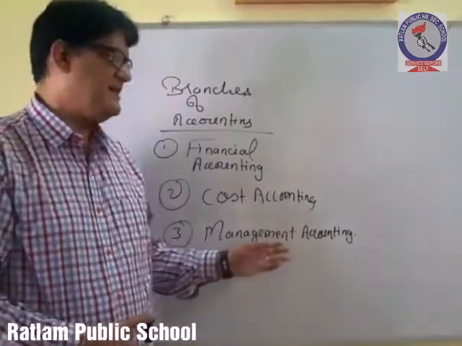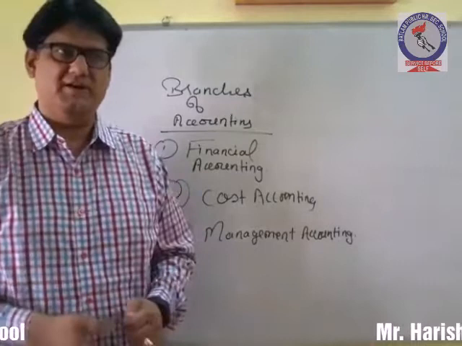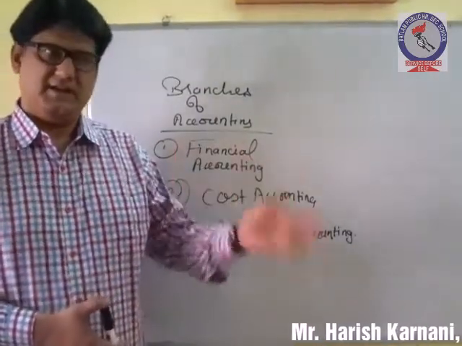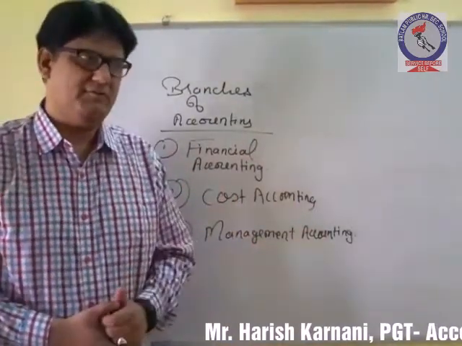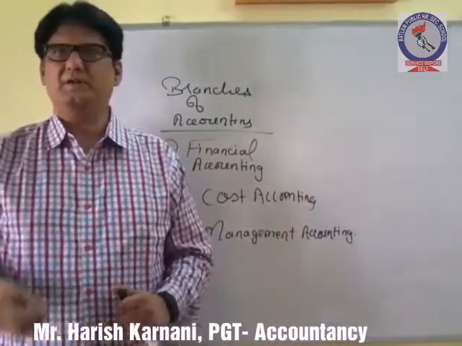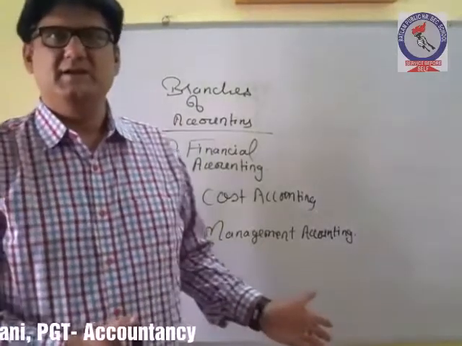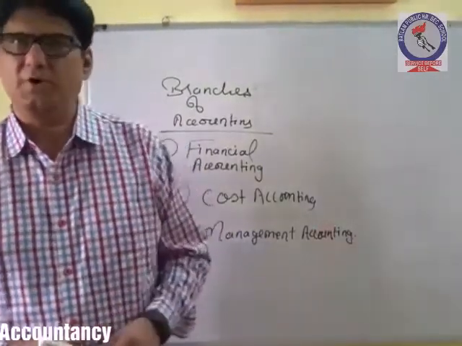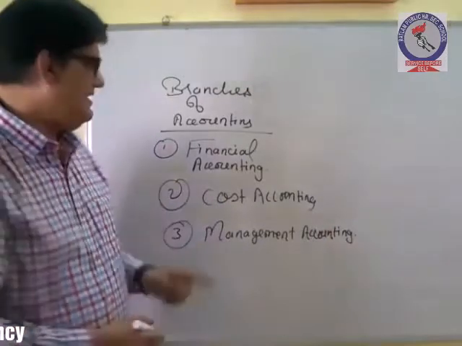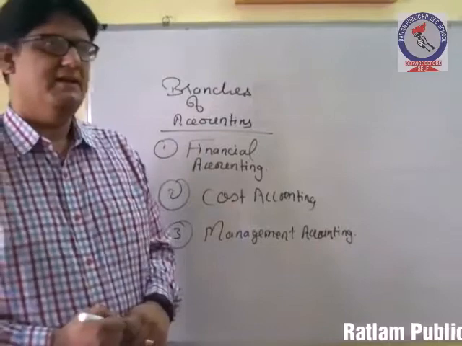All the financial information related with the procurement of funds, use of funds, how many funds are required, and at what time they are required. This information is provided to a particular group, one of the users, that is management, so that they can take all the important decisions. So these are the three major branches of accounting.